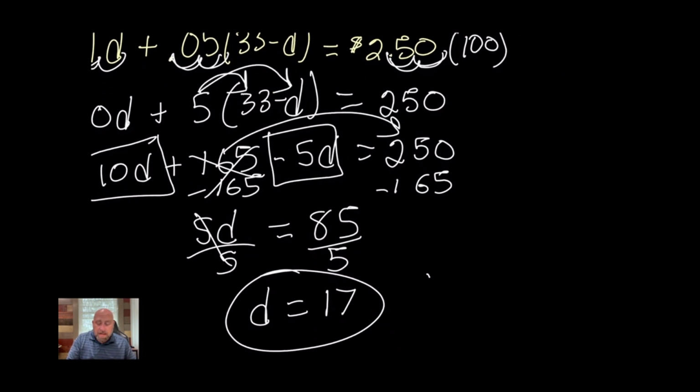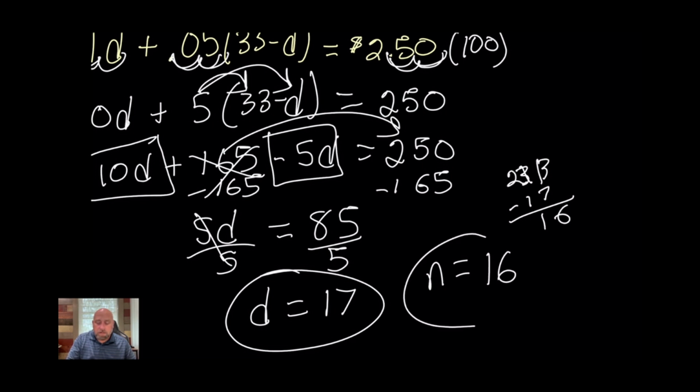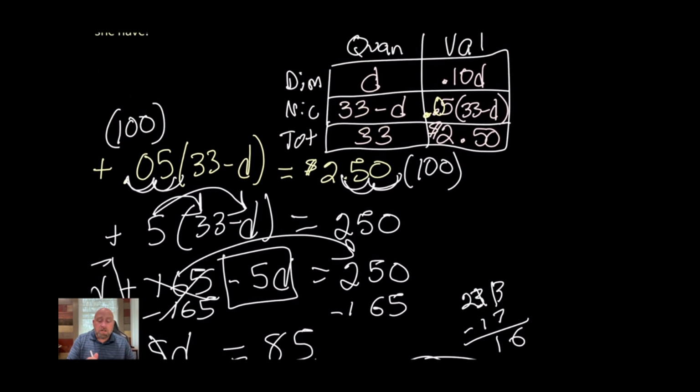So the n, or the nickels, is going to be 33 minus 17. All right, so you do that, and you're going to end up with 16 nickels. So 16 nickels and 17 dimes is what it takes to get $2.50.